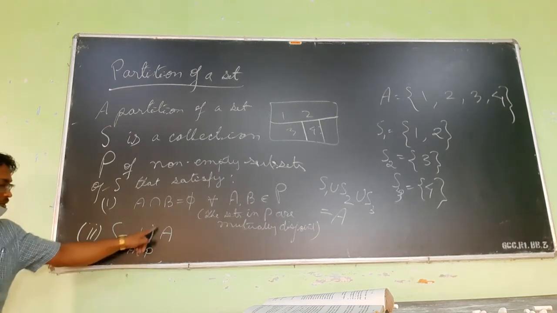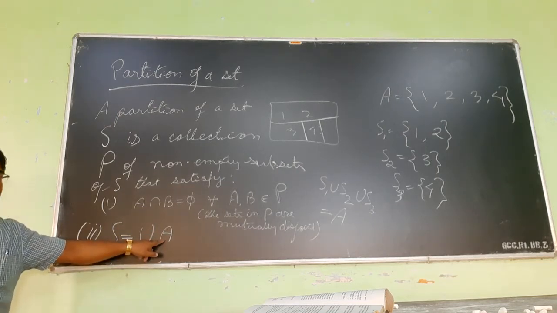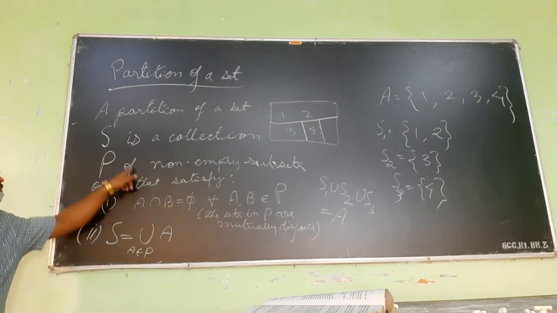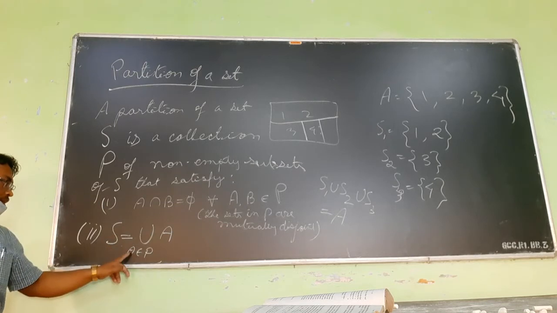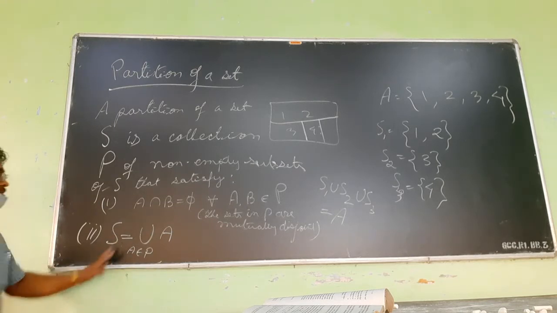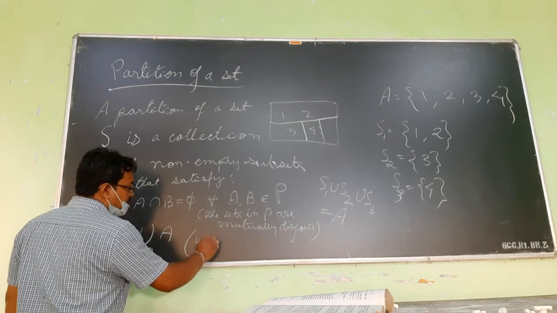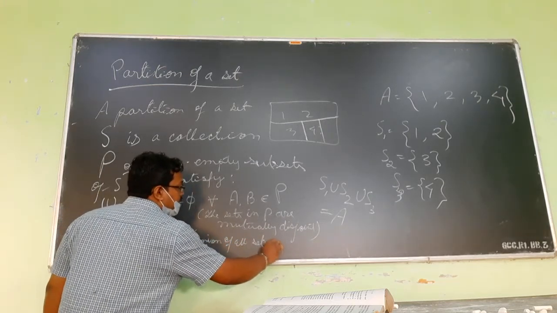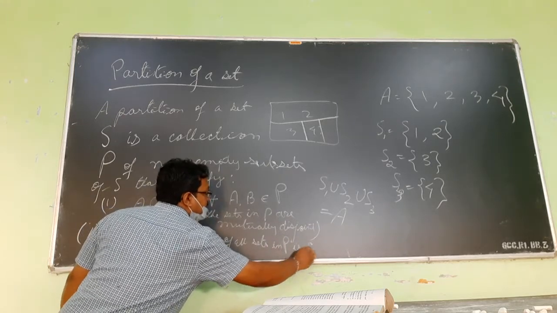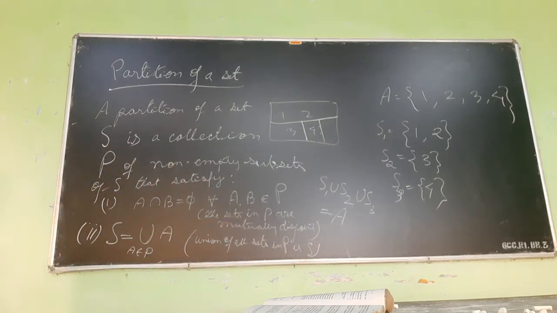A is a member of this collection P. So that is the union of all sets in P, and it is S. Any collection of non-empty subsets of S which satisfies this is called a partition of the set.